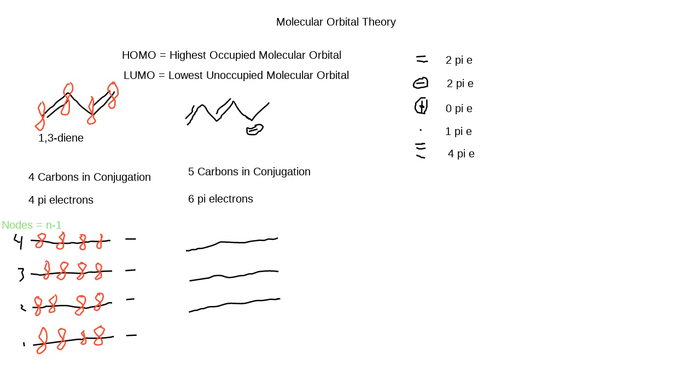So 1 minus 1 equals 0 nodes, 2 minus 1, 1, 3 minus 1 is 2. You just subtract 1 from each energy level, and that should tell you how many nodes per energy level. And nodes, like I said, are changes in the charge, or where the electron is.